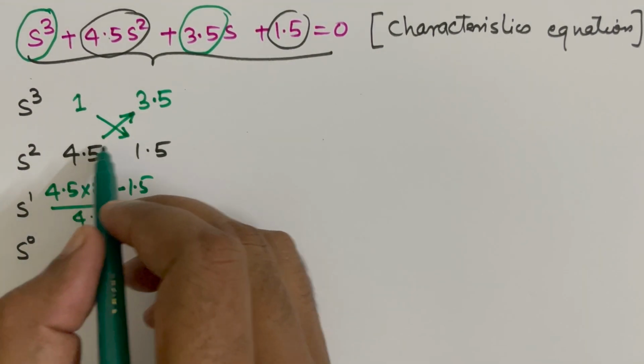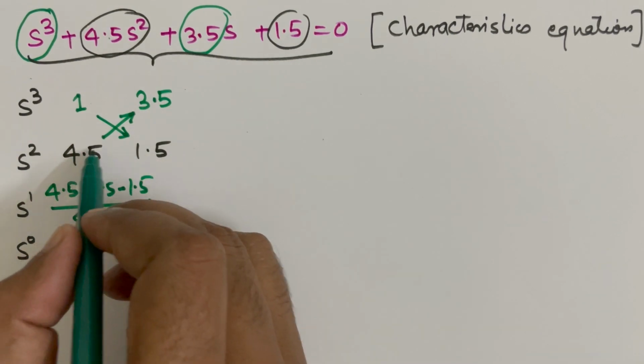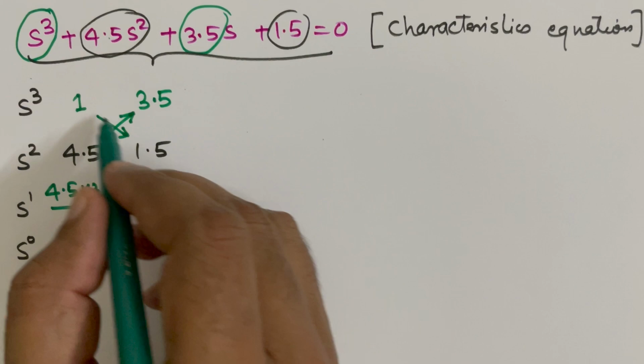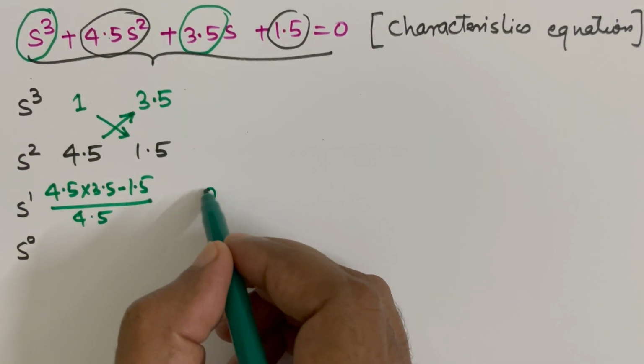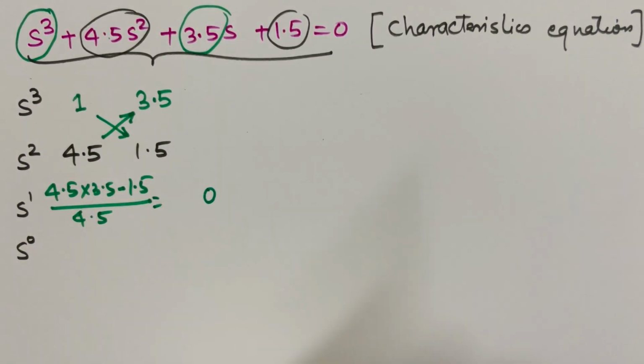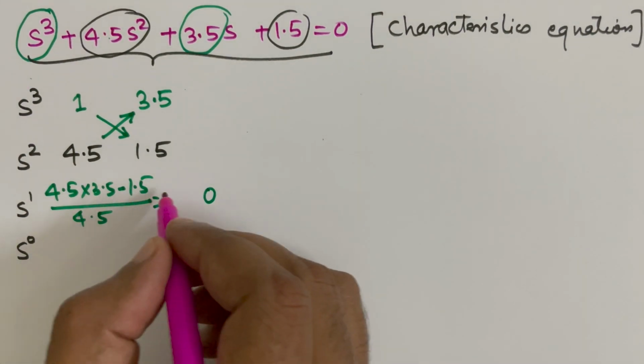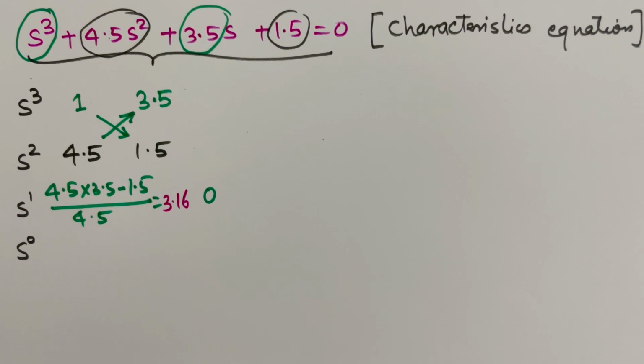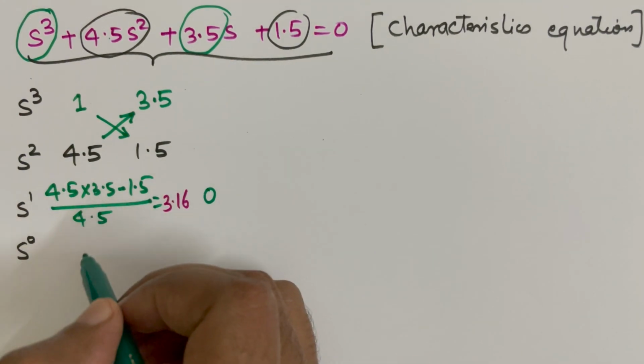And then if we have any further numbers, we can do the same thing with the first column itself. But there is nothing, so next will be 0. If you calculate this, you will get roughly 3.16, in the first column only.